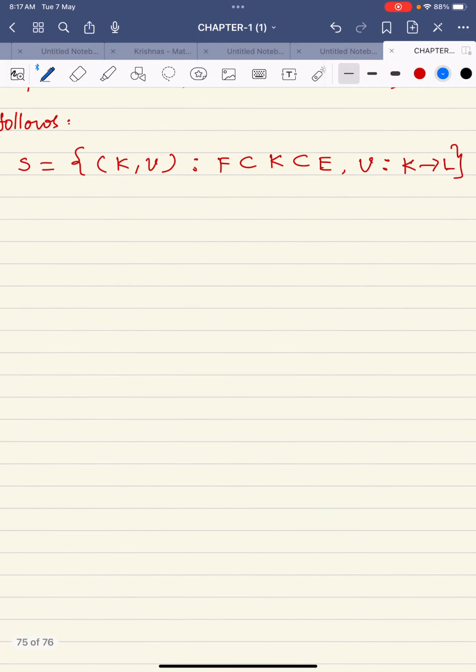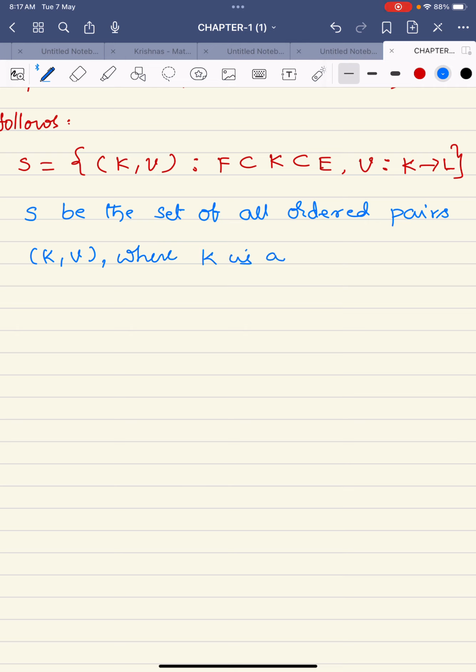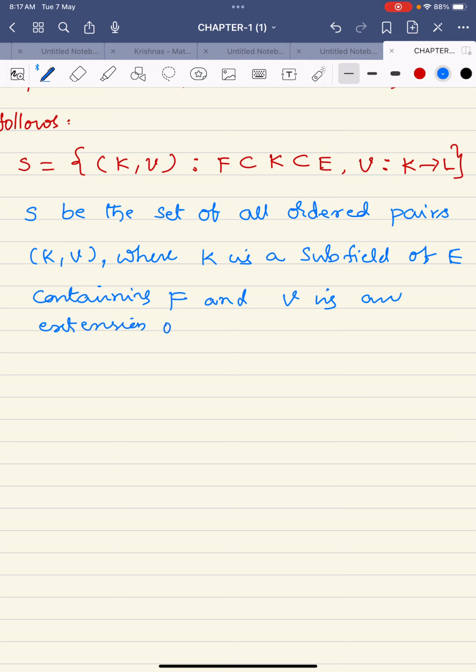So it means capital S is the set of all ordered pairs K comma V, where K is a subfield of capital E containing capital F, and V is an extension of sigma to an embedding of capital K into L. This is the meaning of S.